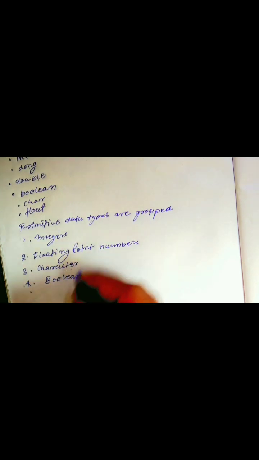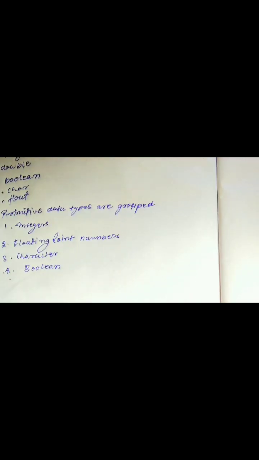These are the 4 groups of primitive data types.